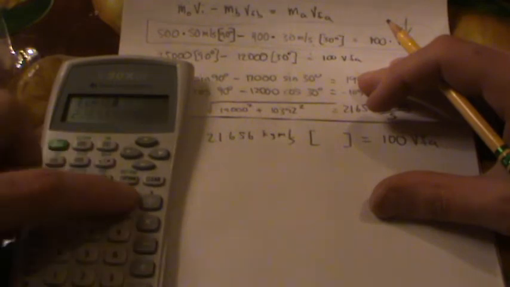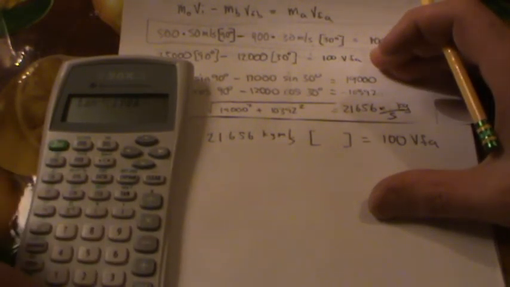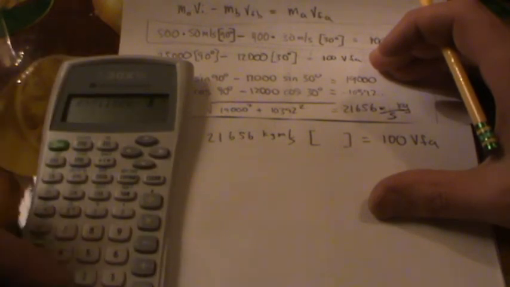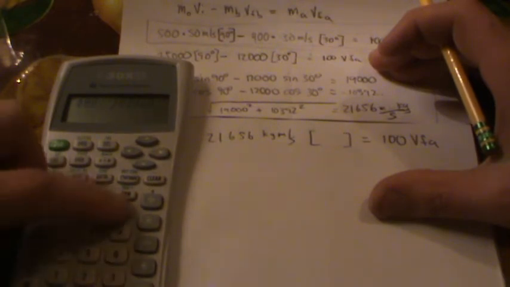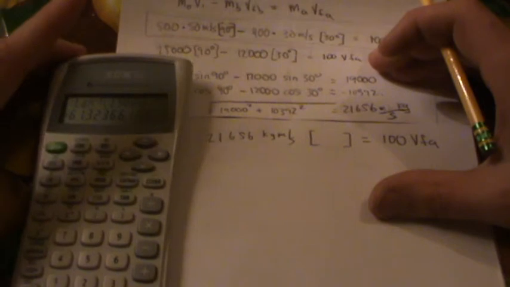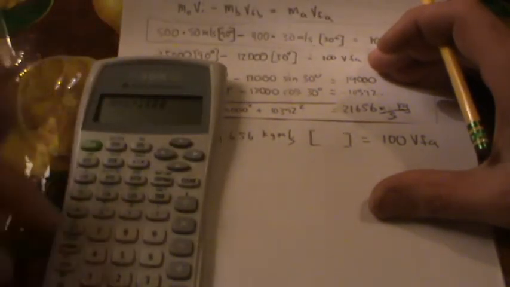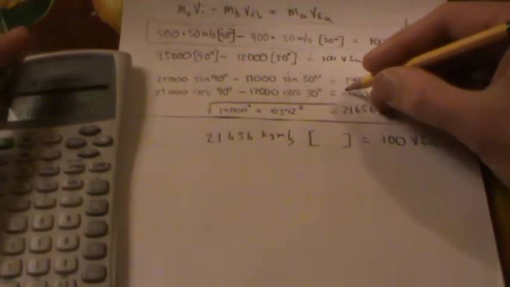tangent inverse of 19,000 divided by a negative 10,392. Bang, negative 61. I have to add 180 because the x value is negative.